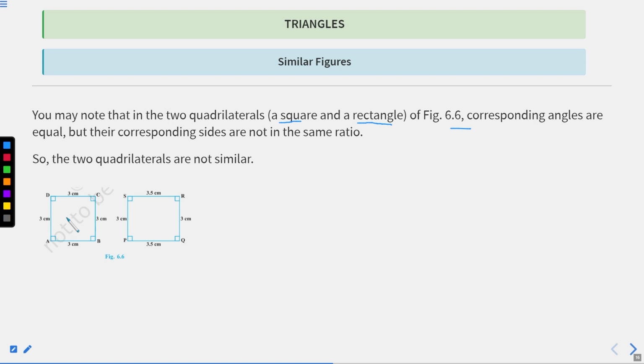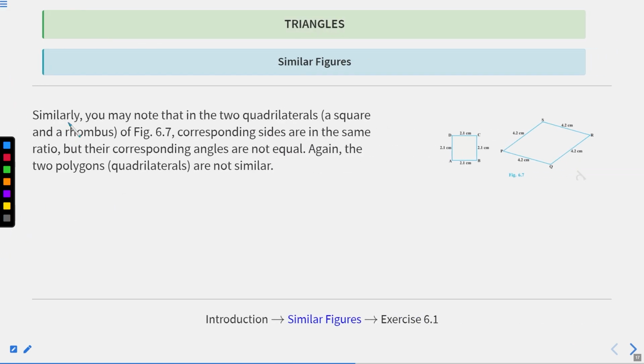Now similarly, you may note that in the two quadrilaterals, a square and a rhombus, of figure 6.7, here this is our square and this is our rhombus. You can observe that corresponding sides are in the same ratio.